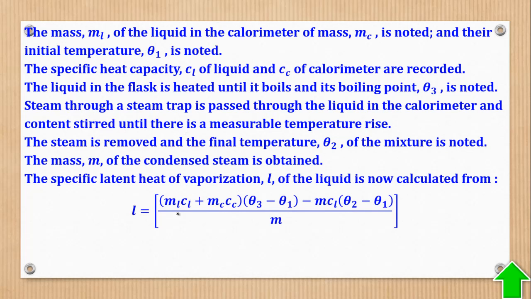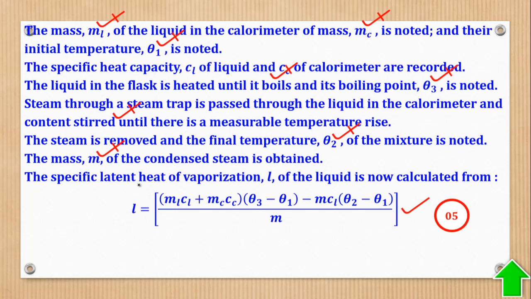So it all comes from the conservation of energy, where heat lost is equal to heat gained. Heat given out is equal to heat gained. So that was part B. Now we shall go to part C.